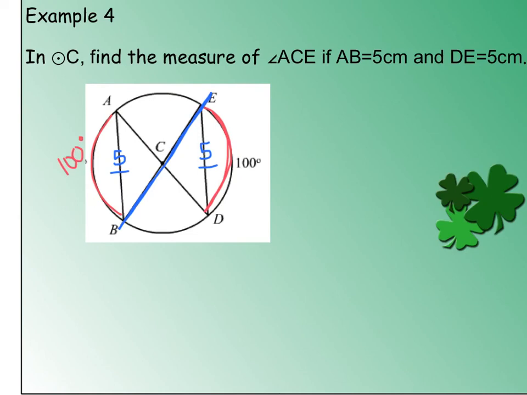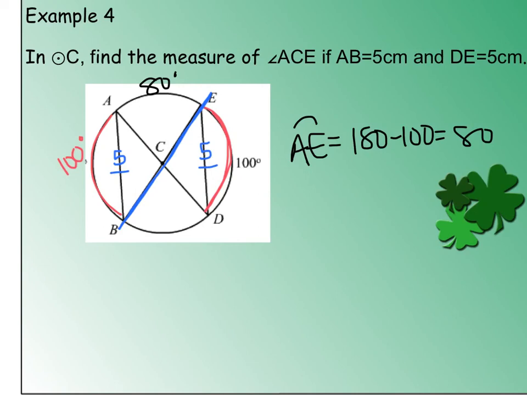So the measure of arc AE is going to be equal to 180 minus 100, which is 80 degrees. So that's arc AE. ACE, what I'm trying to get at, is a central angle just touching the center, which has the same measure as the intercepted arc, so 80 degrees is the same as the measure of our angle ACE. Central, same.